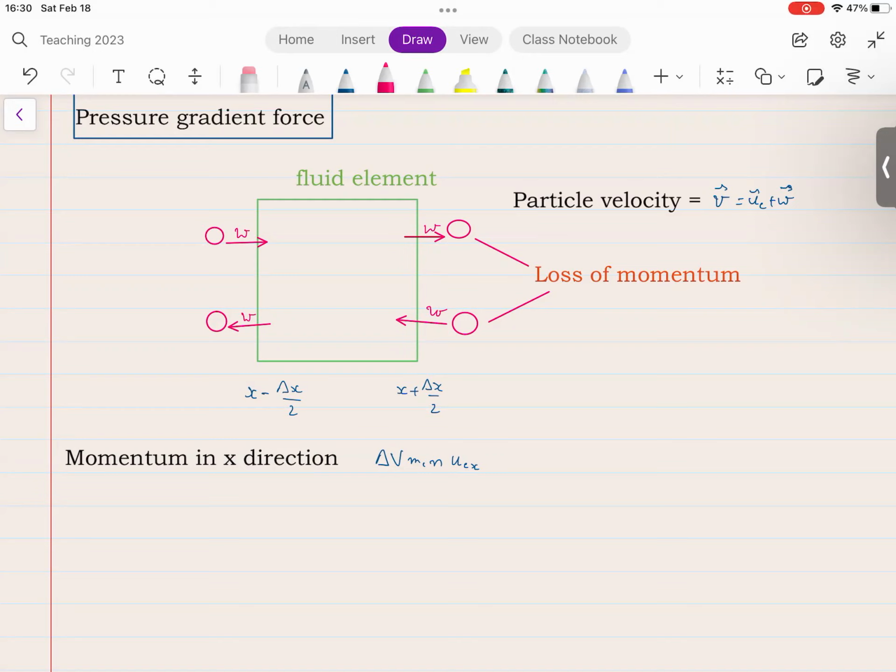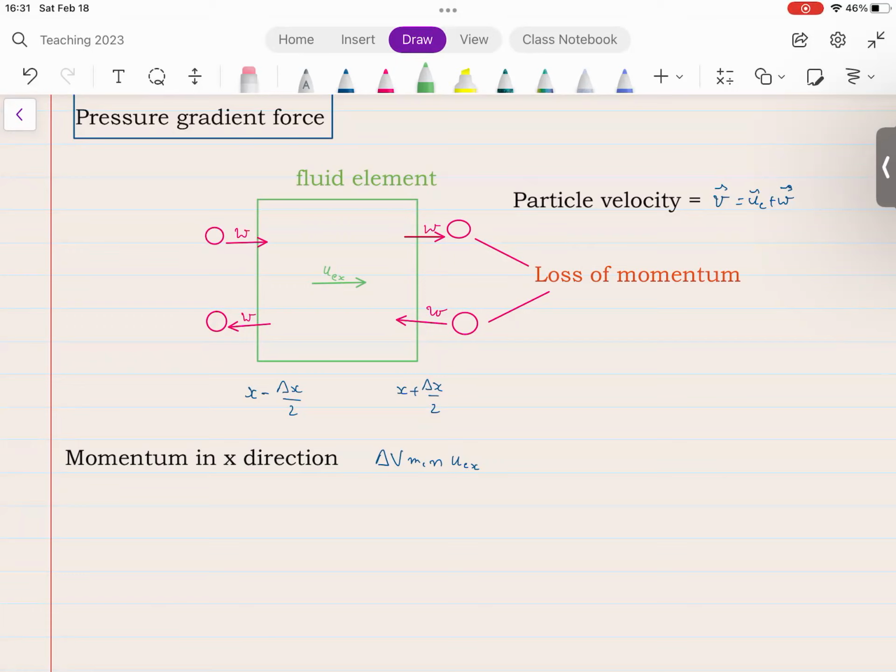So that means the total momentum of my fluid element, which was moving in the same direction, is decreased. I'm taking away a particle that's moving faster than the average, then the average is going to decrease because I'm not taking away the particle that was moving slower than the average.